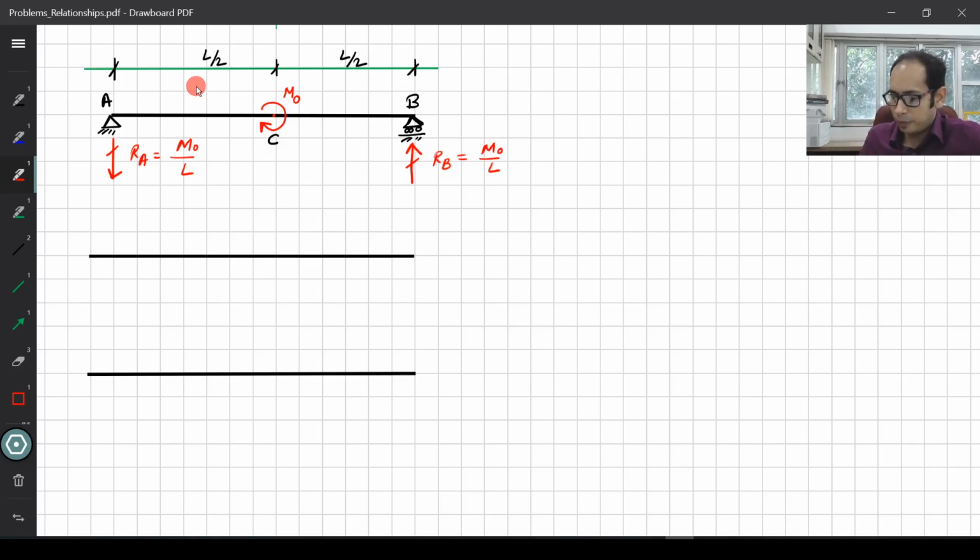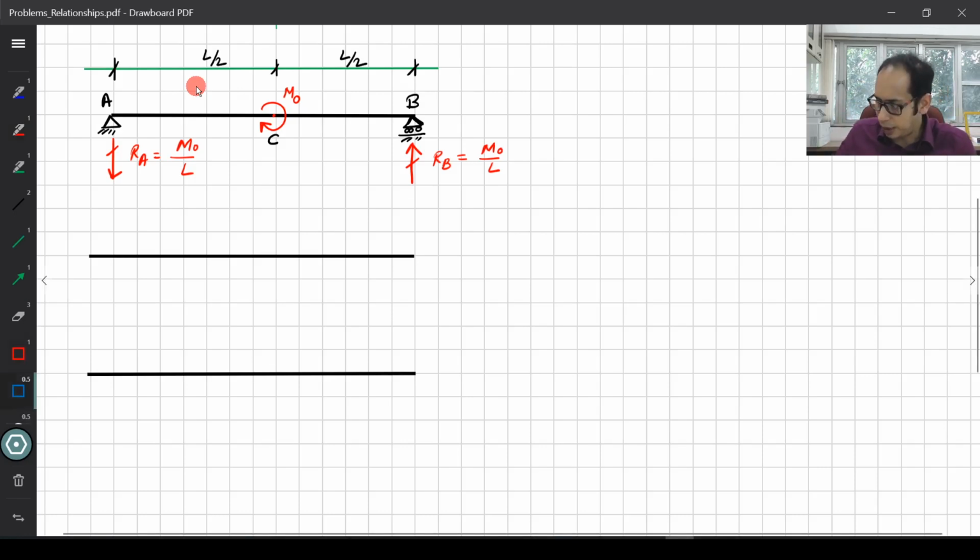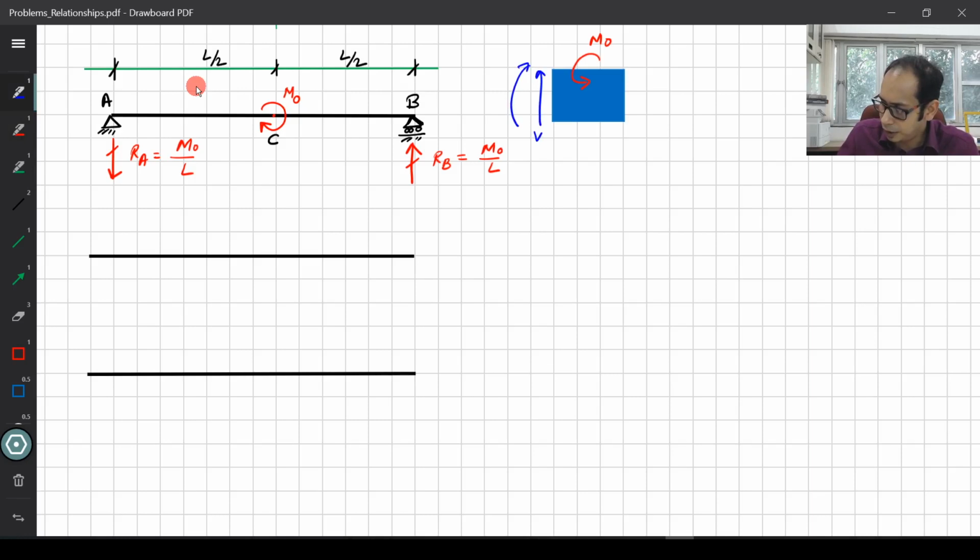Now before we go there, remember that for a point moment, the relationships that we had looked at was that, if you have an element where in that element I have a point moment m0, and say the shear force and the bending moments, we have V, M, V plus V1 and M plus M1.